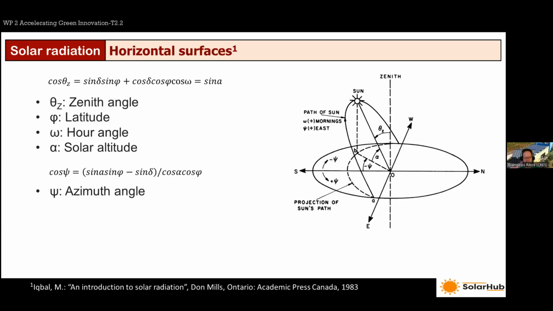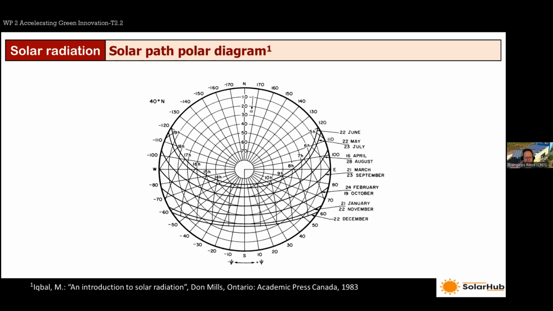Of course, in order to do that, one way is to use this formula and calculate the location we need every time. Another way is to just transform this formula into a diagram like this, which is a solar path polar diagram in polar coordinates that gives examples of the sun's path over the year.